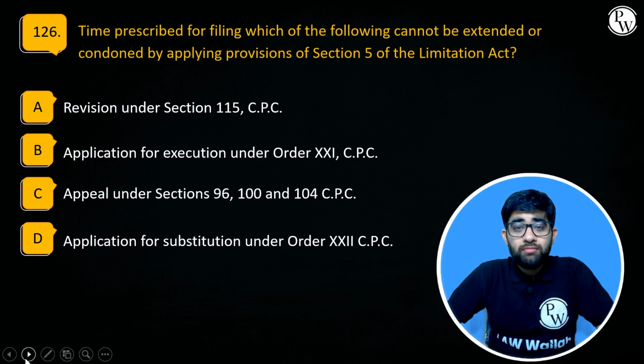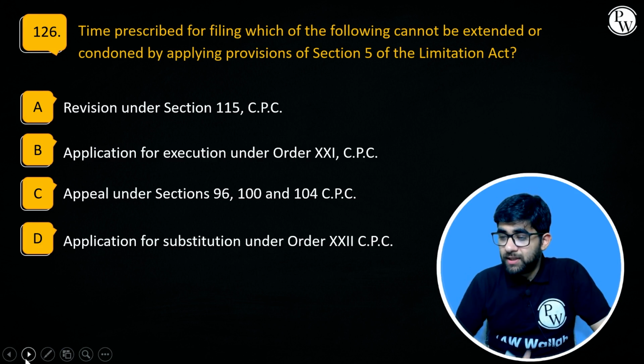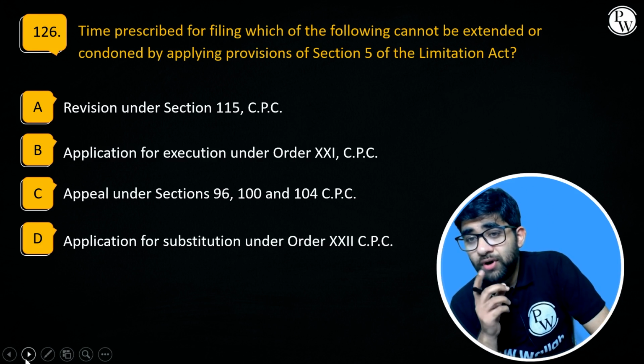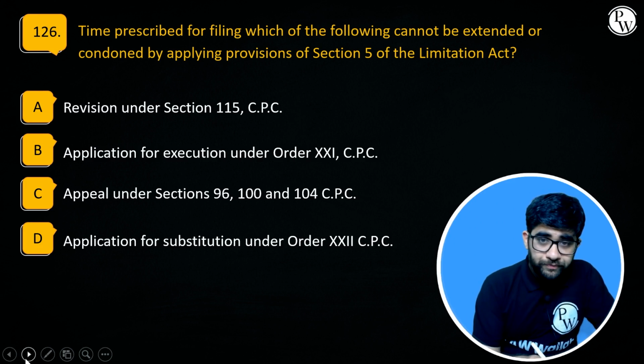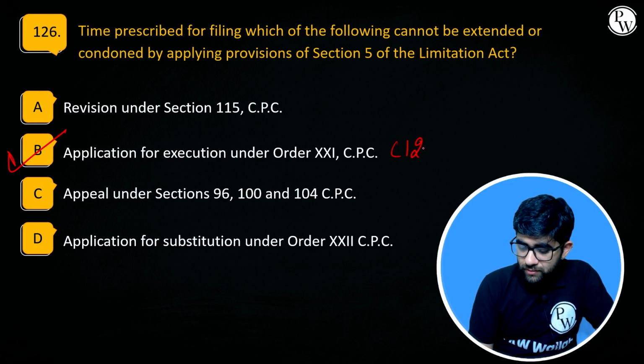Revision under Section 115, application for execution under Order 21 CPC, application for 96, 100, 104, and application for substitution under Order 22 CPC. The answer to this is application for order of execution. This is Order 21. It is 12 years.